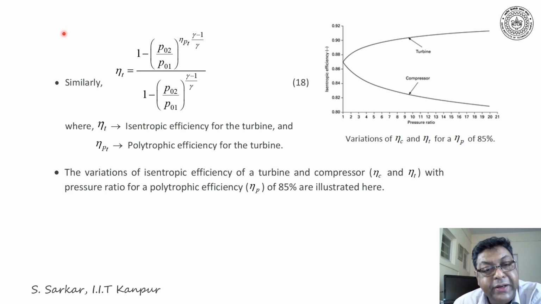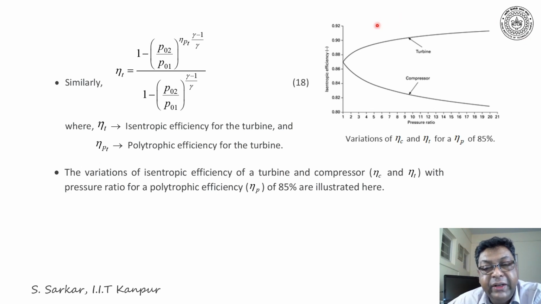Thus, I can write here eta T is equal to 1 minus (P02 by P01) to the power eta PT into (gamma minus 1) by gamma, divided by 1 minus (P02 by P01) to the power (gamma minus 1) by gamma, where eta T indicates the isentropic efficiency of a turbine, while eta PT is the polytropic efficiency.